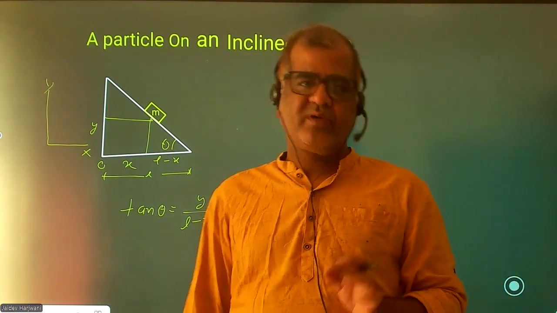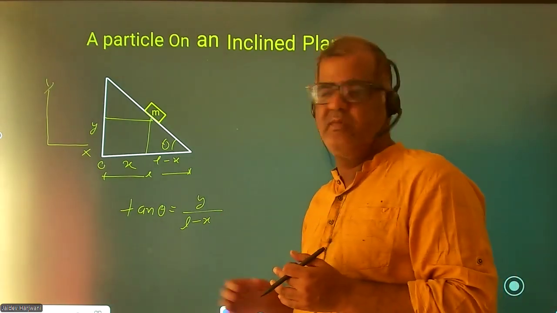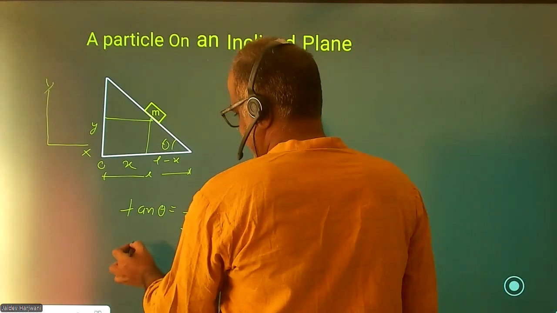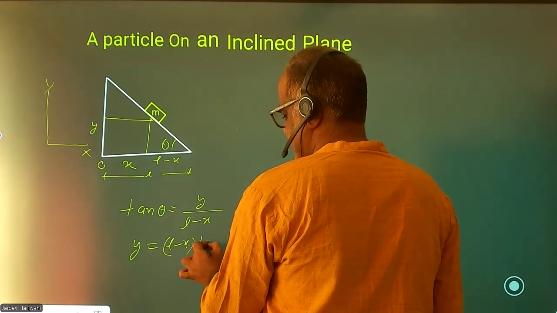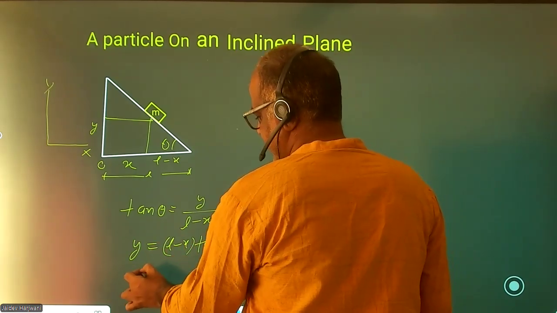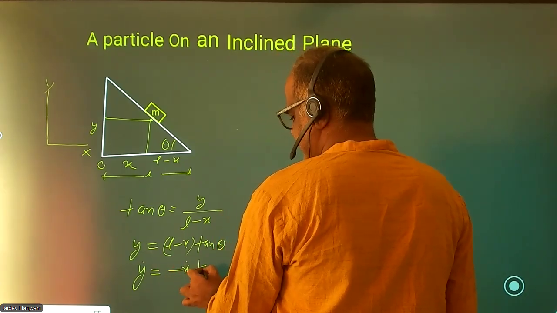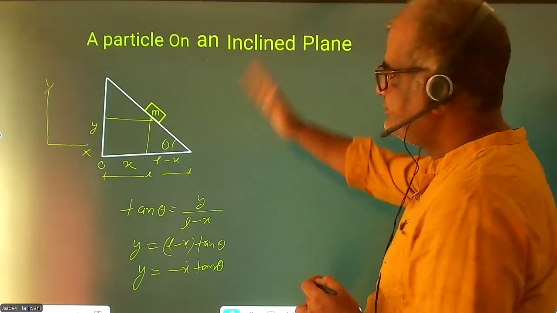Now, if I differentiate this constraint equation, which gives the relation between x and y, with respect to time, where y is (L minus x) tan theta, this will give me y dot equal to minus x dot tan theta. Here, theta is not a function of time, theta is not varying.